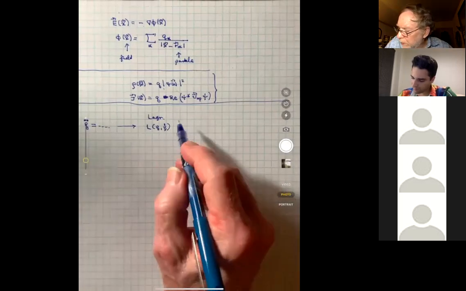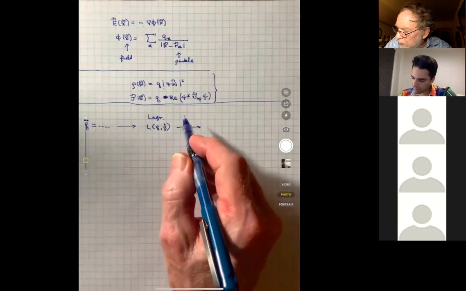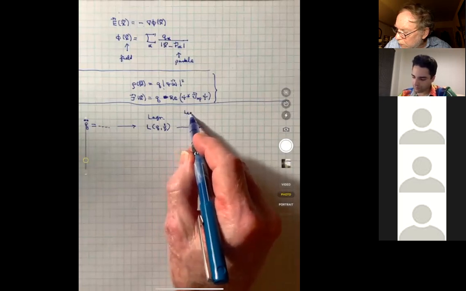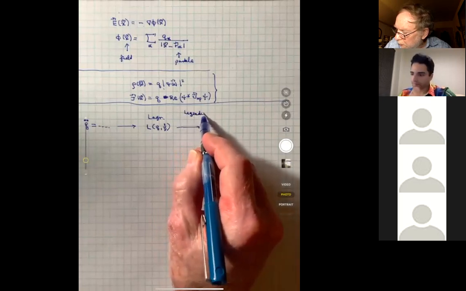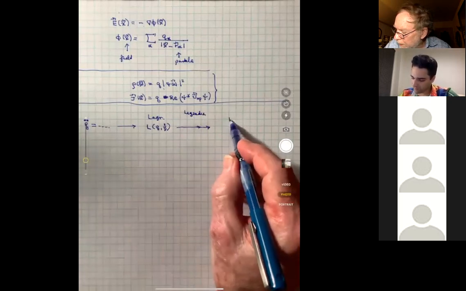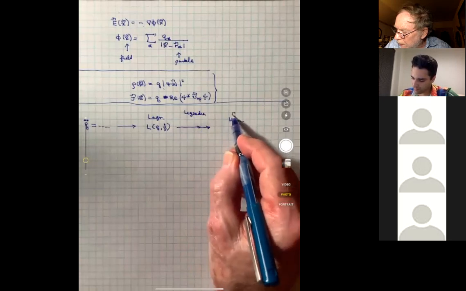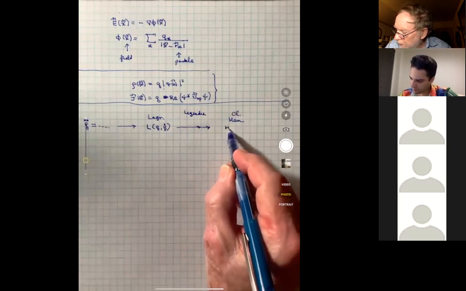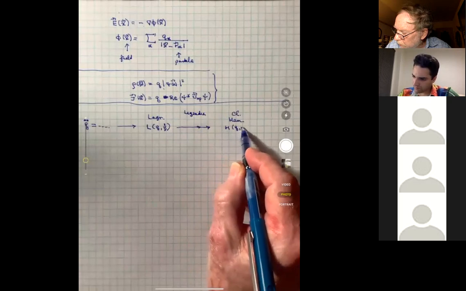Having found the Lagrangian, we can then carry out, again purely within classical mechanics, a transformation called the Legendre transformation. That Legendre transformation is what takes you from a Lagrangian description over to a Hamiltonian description. This is a classical Hamiltonian, a function of q and p.